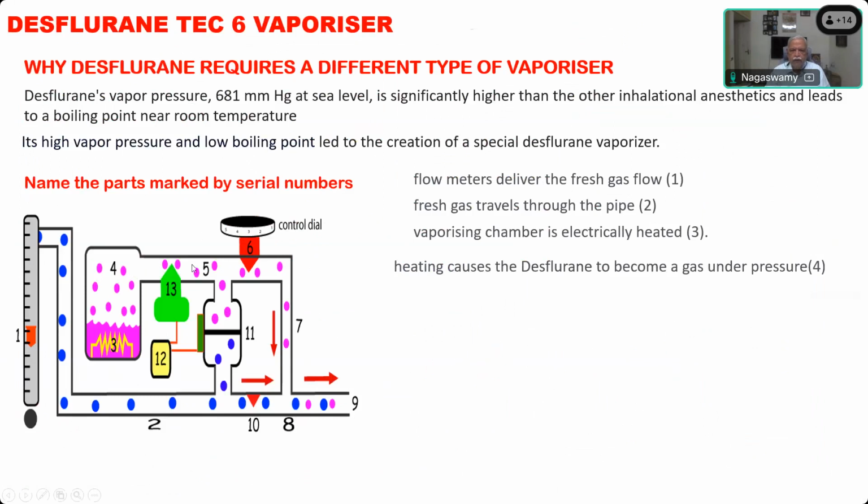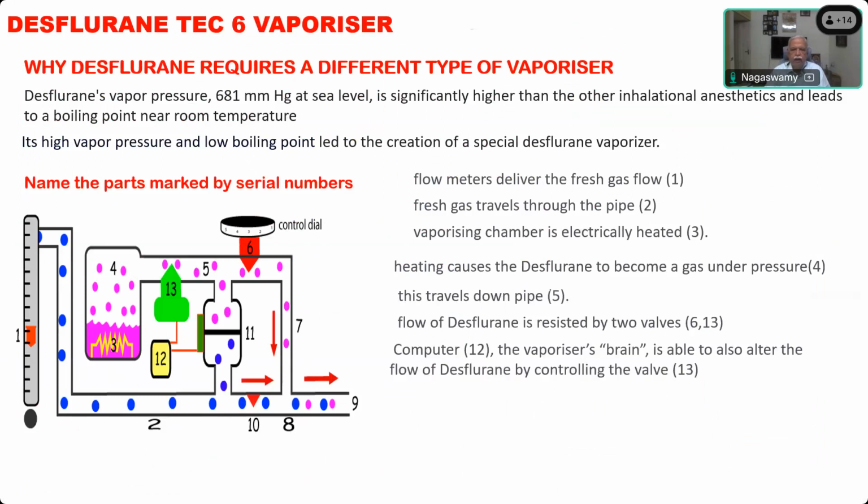And then 5 travels down the pipe, and 6 and 13 are the 2 valves. So there are 2 valves here to control the amount of vapor to be joined in the main stream. And 12 is the computer, the vaporizer's brain, which is able to alter the flow of desflurane. That is the differential transducer, controlling valve 13.